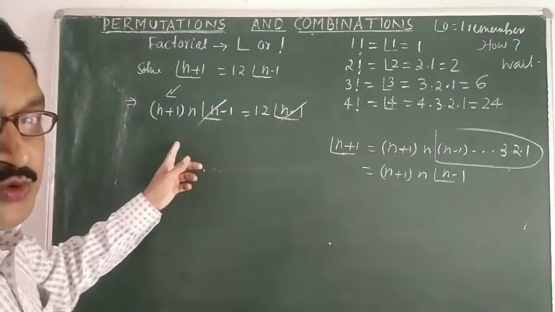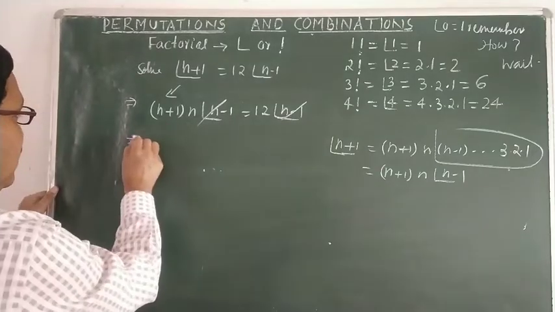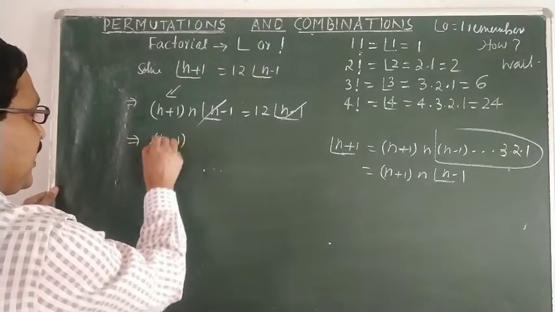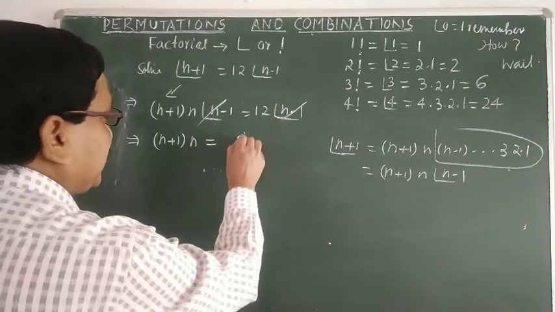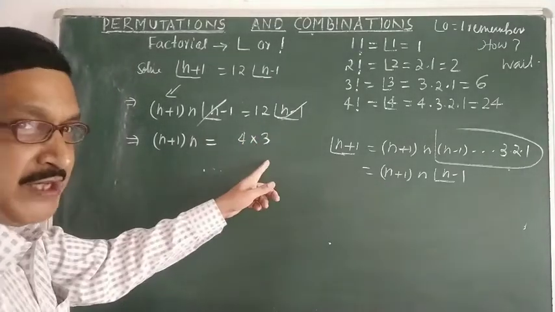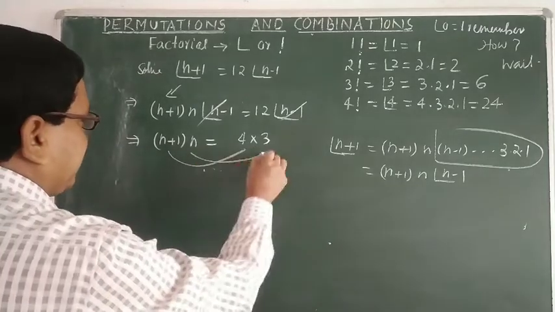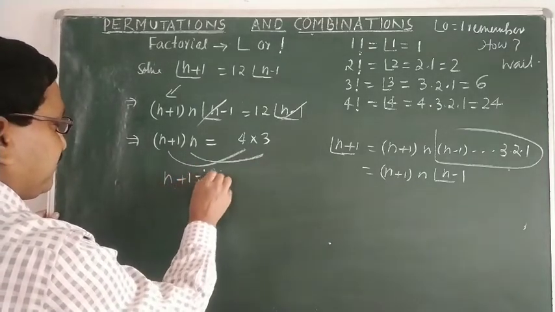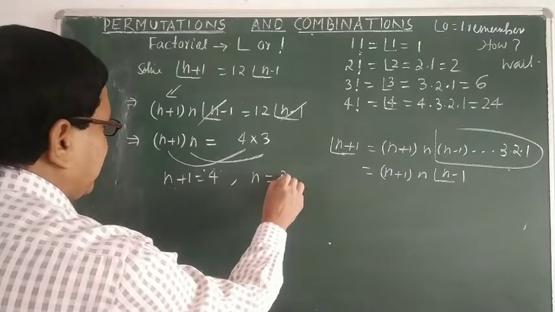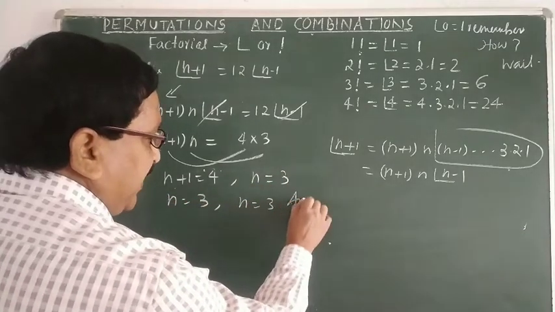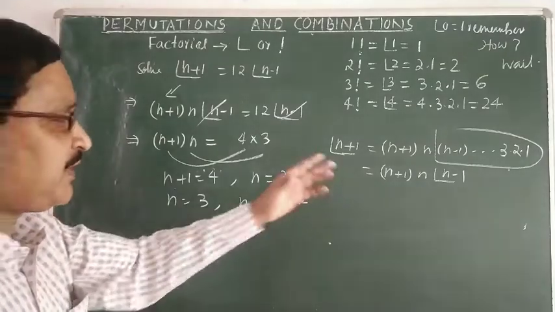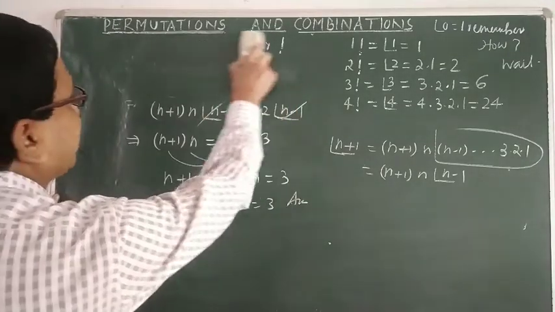Now you are left with 2 consecutive terms, n plus 1 into n, and earlier I have told you that 12 has 4 into 3. So these are the 2 consecutive terms. On comparison, we get n plus 1 is 4, and n is equal to 3. So n is 3, and this is the final answer. In this way, we can solve the problems of factorials.